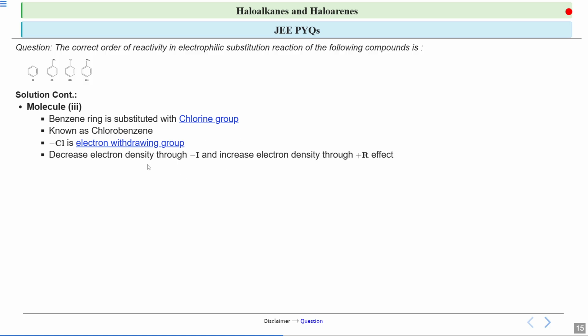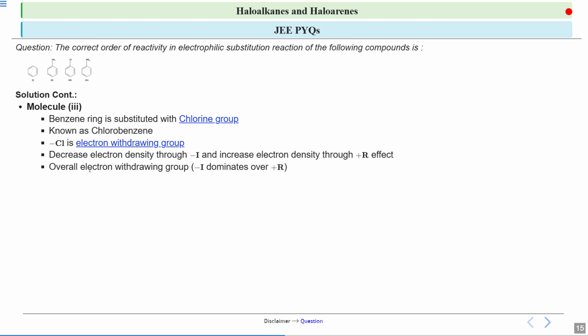The minus I effect shown by chlorine means it will withdraw the electrons of the benzene ring towards itself due to its higher electronegativity. And it will also increase the electron density by plus R, the plus resonance effect, because the chlorine lone pairs will participate in the resonance of the benzene ring.